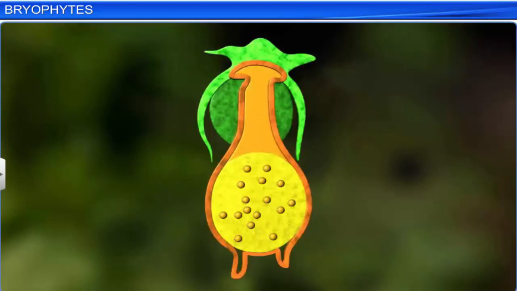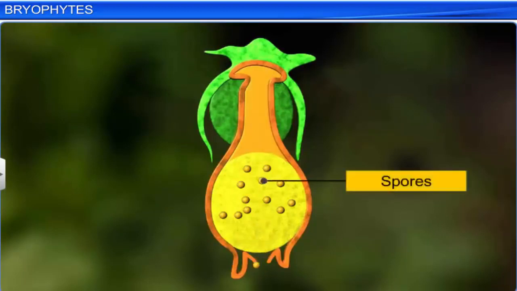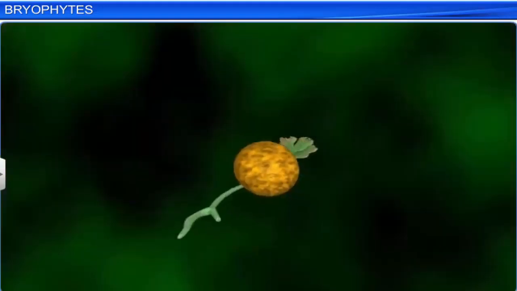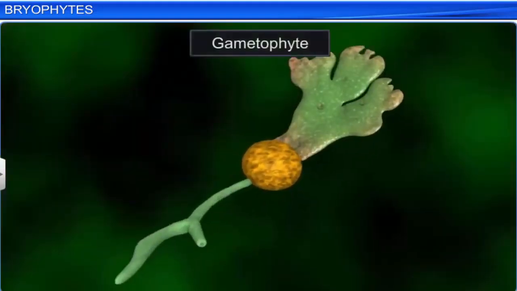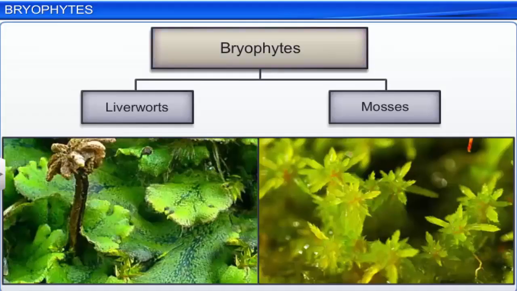Some cells of the sporophyte undergo meiosis to produce haploid spores. These spores germinate to produce a gametophyte. Bryophytes are of two types: liverworts and mosses.